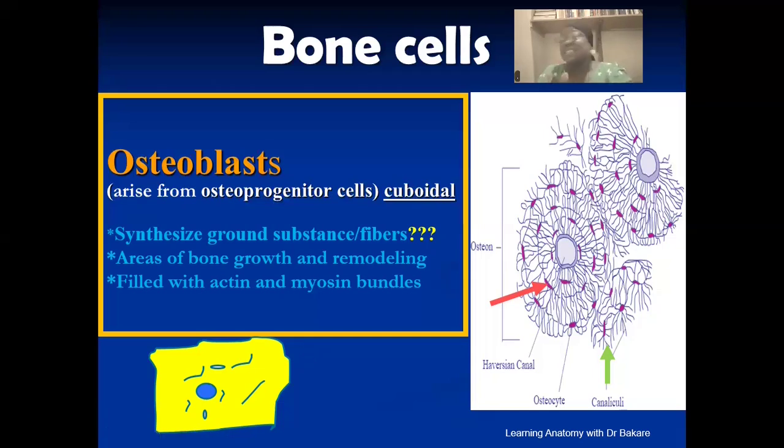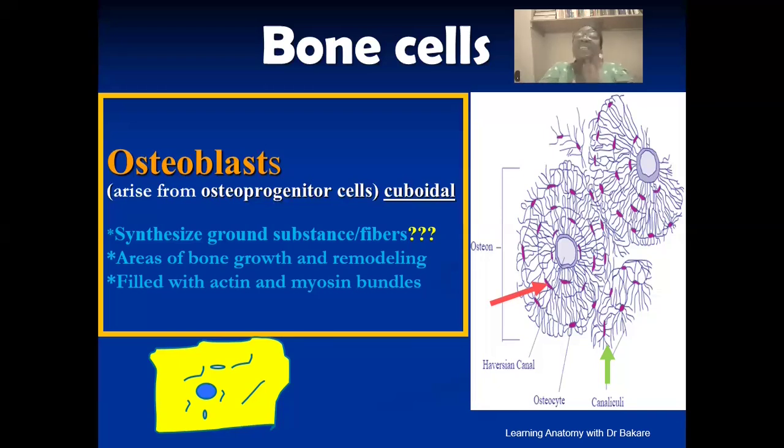Remember when we started this lecture, we said that the entire configuration of compact bone is subdivided into the organic component and the inorganic component. We said that the organic component is further subdivided into the cellular component and the non-mineralized extracellular matrix, while the inorganic component is the mineralized extracellular matrix.